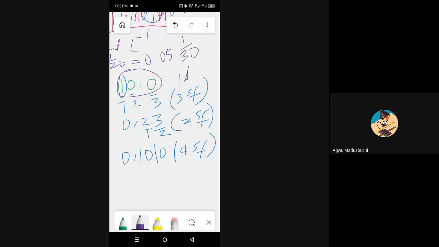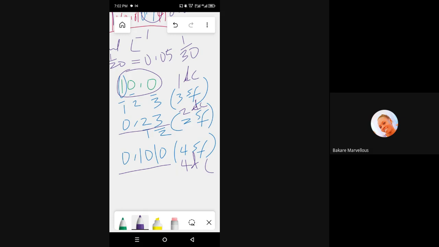Yes, 1 decimal place. How about 0.23? How many decimal places? 2 decimal places. Is that clear? Yes, sir. How about 0.1010? 4 decimal places.